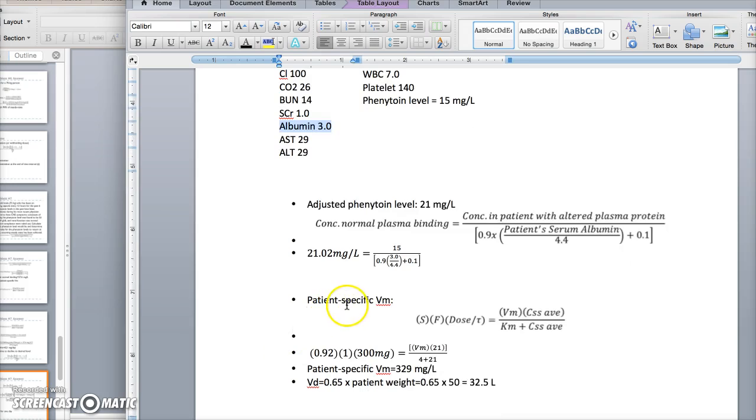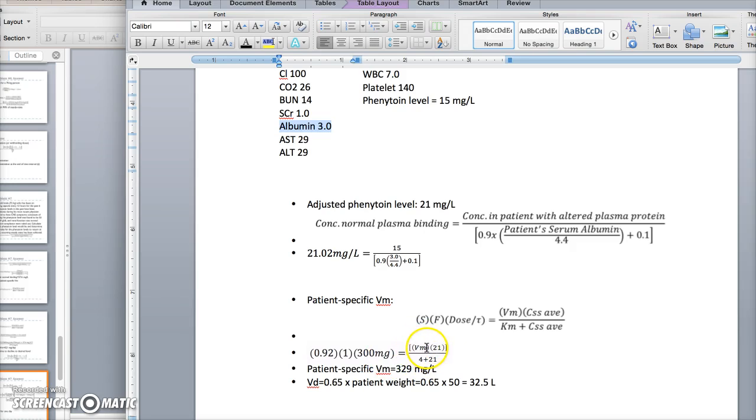With that, I calculated the patient-specific Vm. He was taking 300 milligram of extended release daily, so that was his daily dose. 0.92 was your salt factor, by availability, and then the daily dose. Then I plugged in what I had.